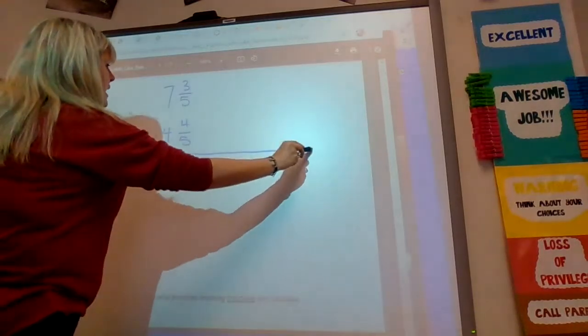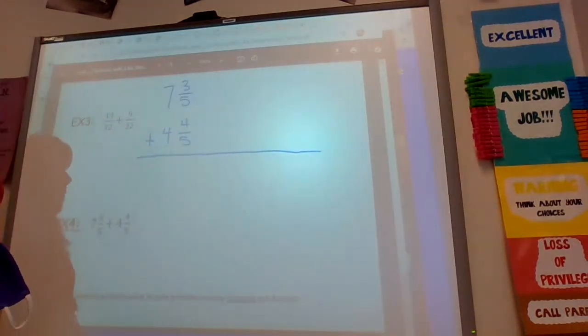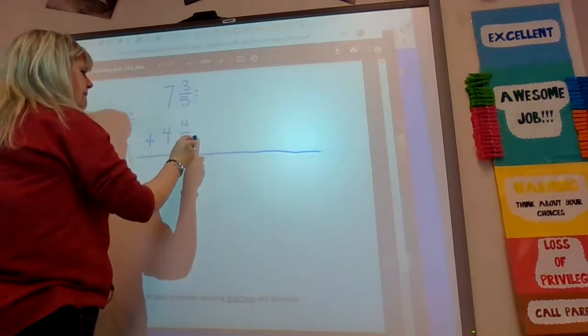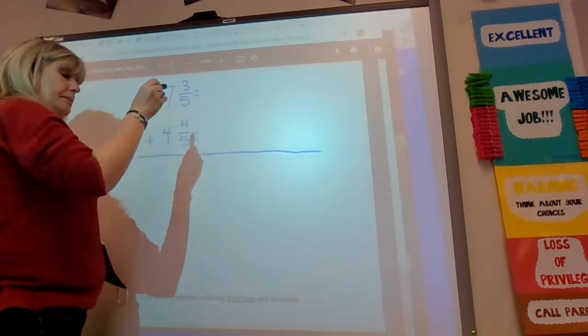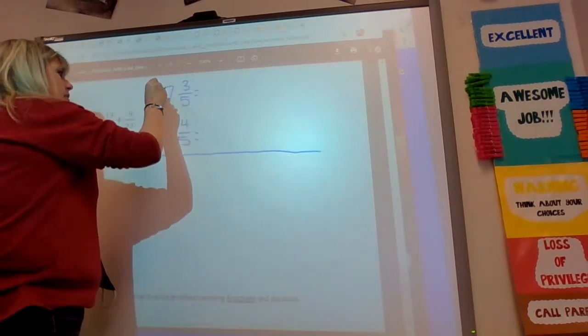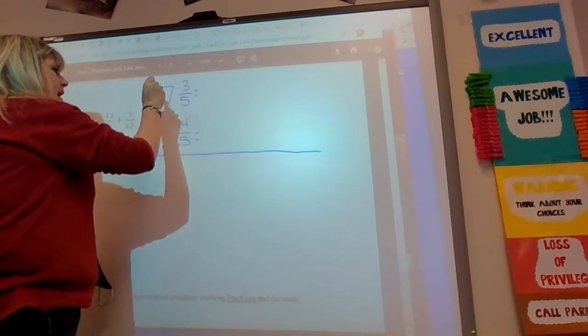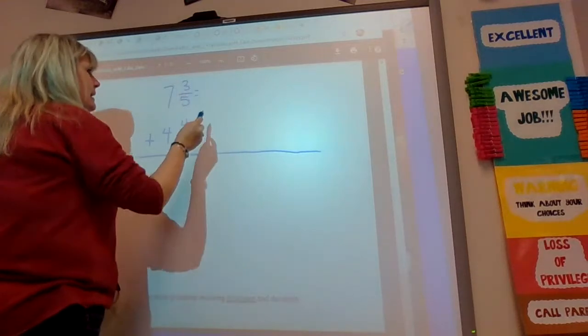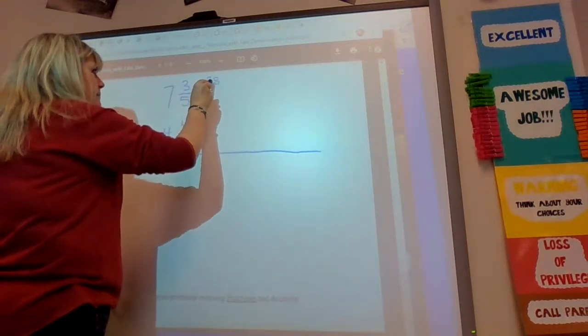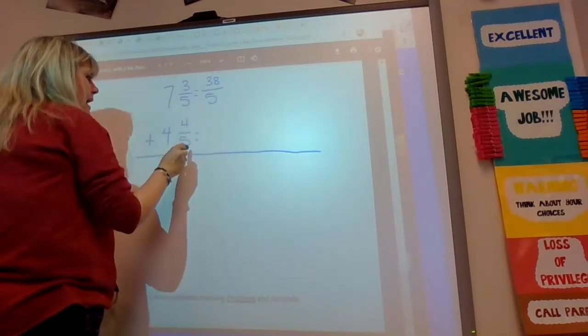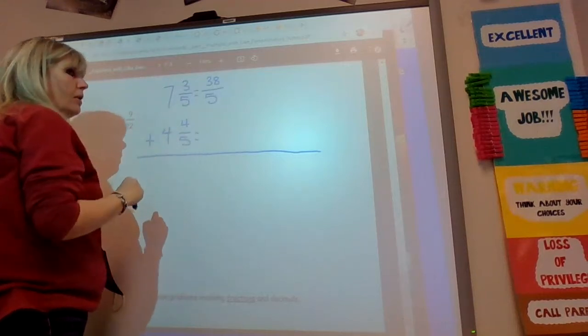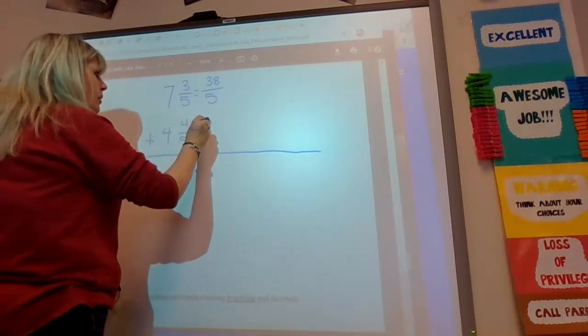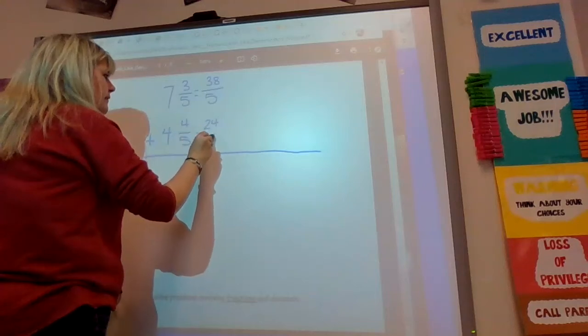Okay, I'm going to change them from a mixed number to an improper fraction. Remember? So multiply. Denominator times the whole number. 5 times 7 is 35, plus 3 is 38/5. And 5 times 4 is 20, plus 4 is 24/5.